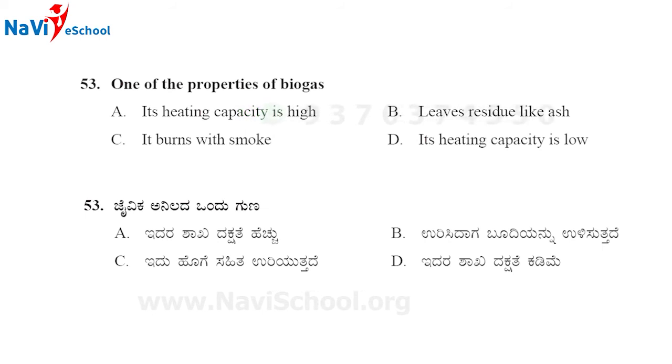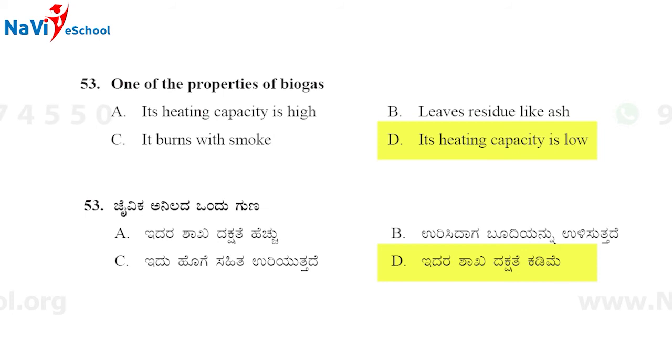So here, children, if you burn biogas, it gives low heating capacity, because it has methane only 30 to 40%, which is less than the fuel derived from natural gas. That's why option D is our answer: its heating capacity is low.